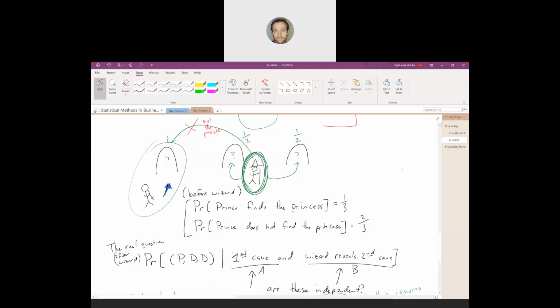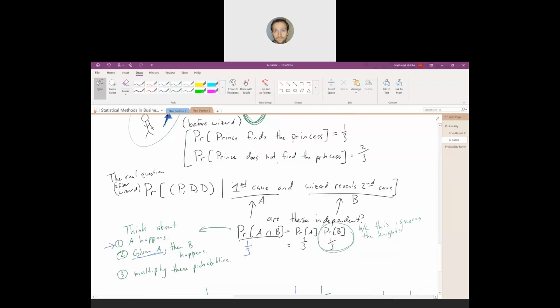The wizard can choose cave 2 or he can choose cave 3. What's the probability that the wizard chooses cave 2? 1/2. Okay, so that's 1/3, this is 1/2, and then you multiply them.